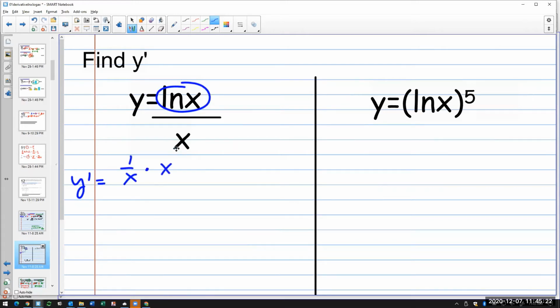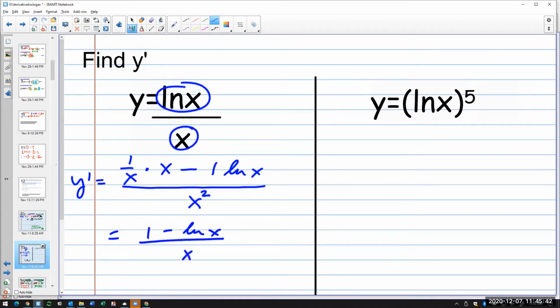Now what sign is this since it's quotient rule? Minus the derivative of the second. What's the derivative of x? 1 times the first, all over the bottom squared. If I simplified this, this would be x over x right here. So that's 1 minus ln of x over x squared, and that's the derivative.